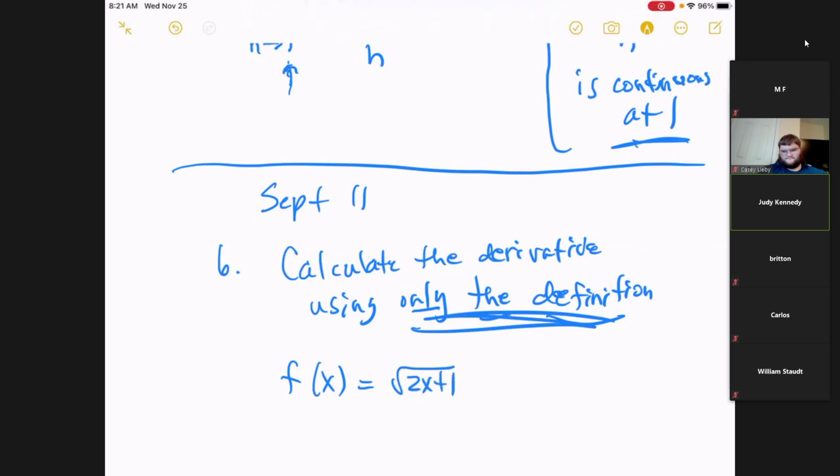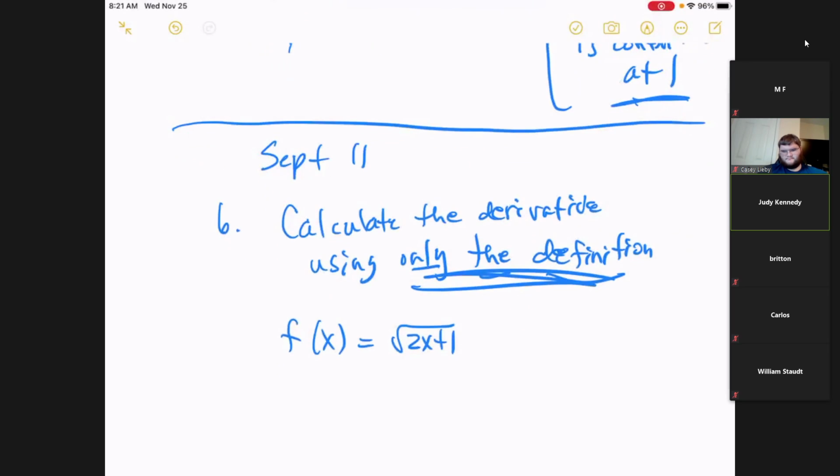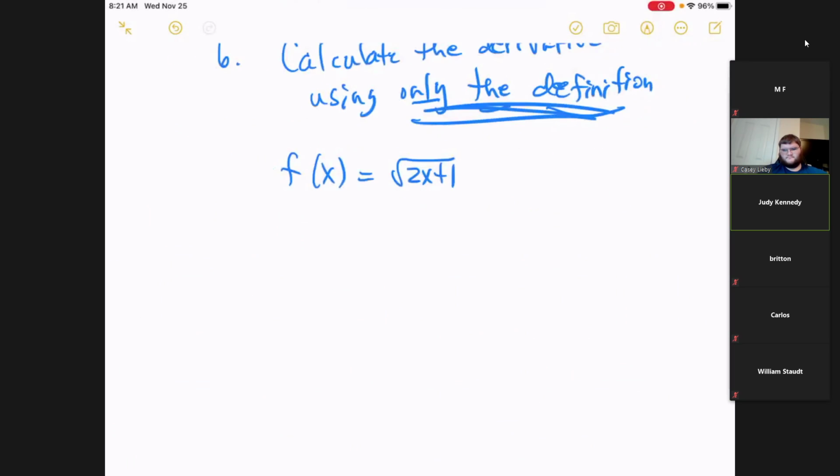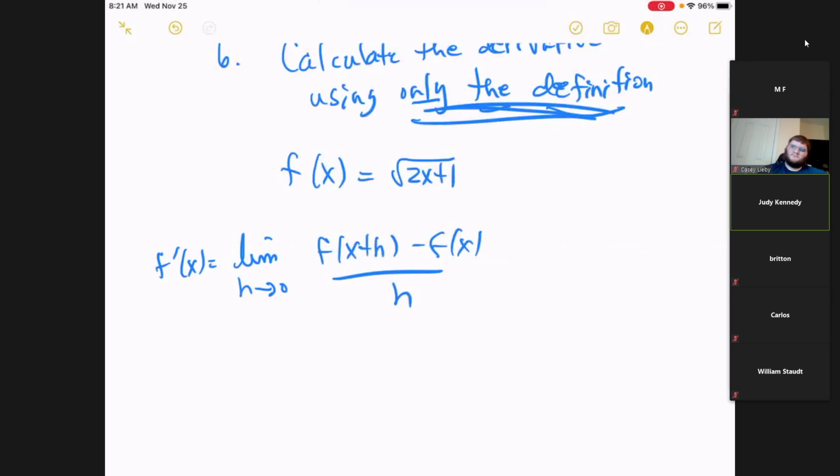All right, so this function is that. Now, when I say using only the definition, there are two possibilities here. You could use the h goes to 0 definition. Or you could use the x approaches a definition.